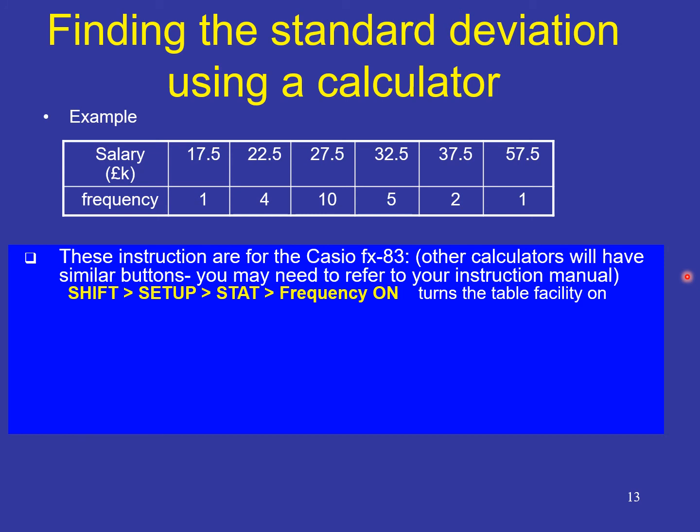The first thing you need to do is go into the setup menu and select stat and frequency on, and that turns the table facility on, so you can enter the data in group data. You then press mode and stat and 1 var, and that takes you to the data entry screen.